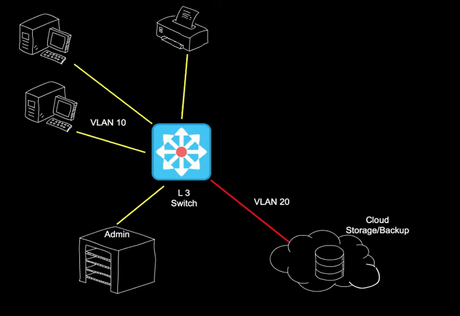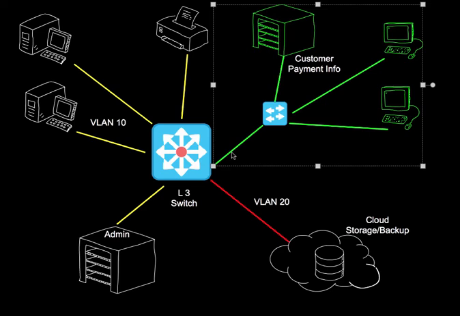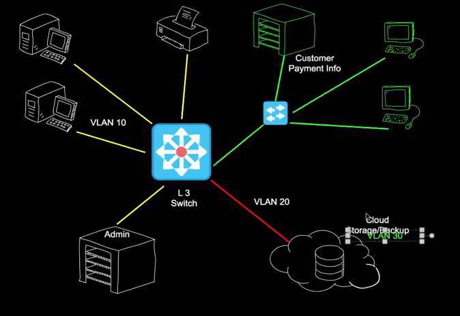A new project is about to implement a retail sales network, including acceptance of customer payment cards. This new network is also segmented, preventing access to payment card information from users on the administrative network.